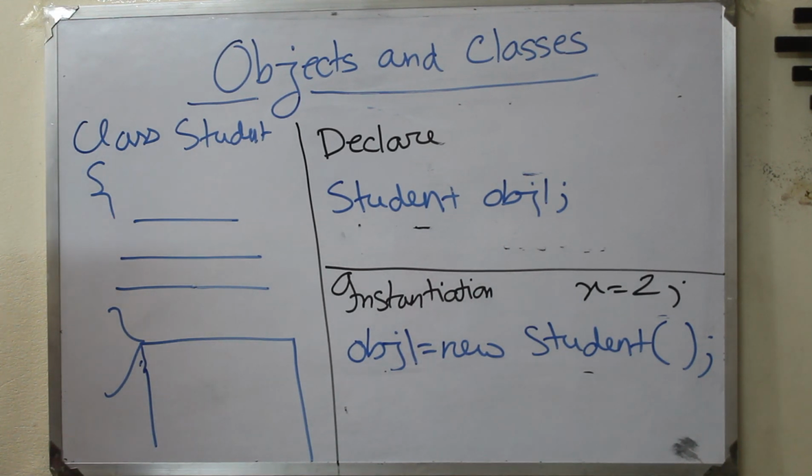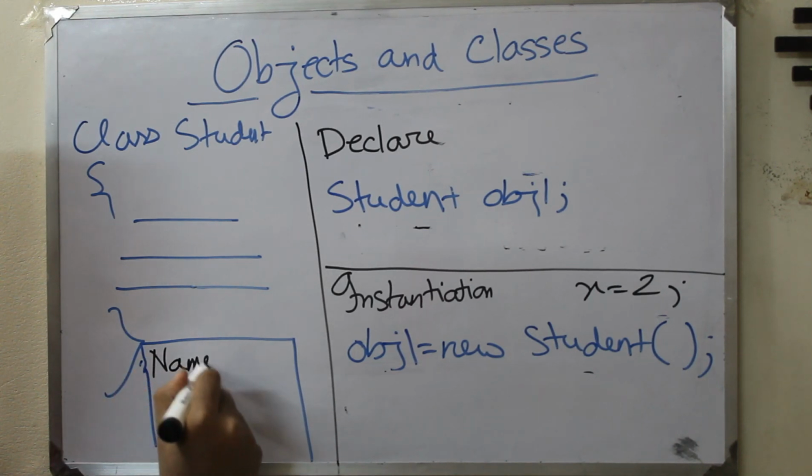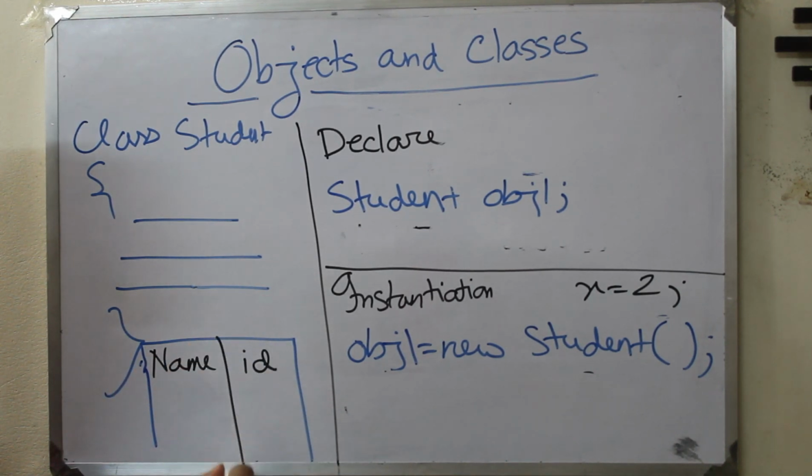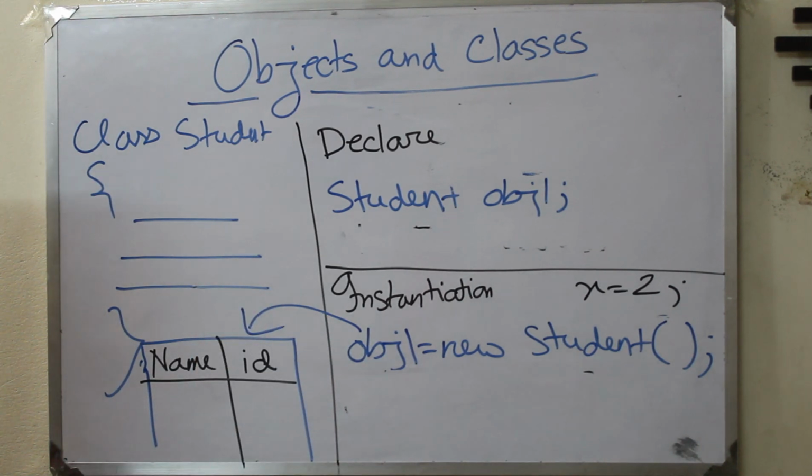What were the fields of the student class? The fields were name and ID. All these fields are stored in the specific memory location, which is now referred to by obj1. obj1 now refers to this object. This is very similar to array declaration and array initialization. I hope you guys get it.